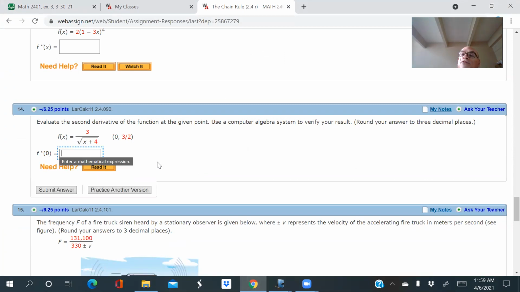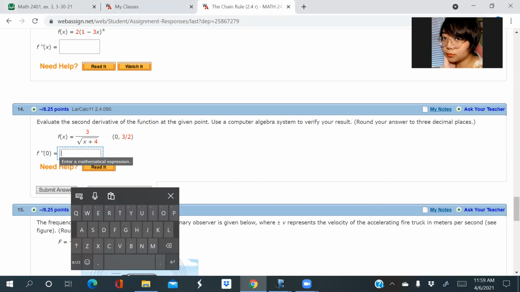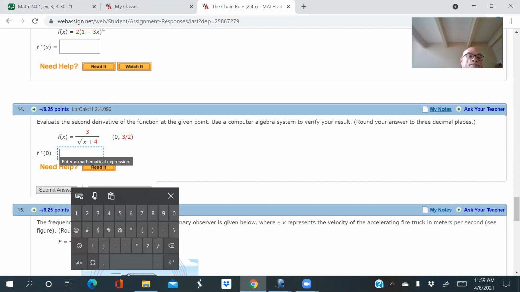Is that what it says? Round your answer to 3 decimal places, right? So let's see if we got that right. Got lucky. 0.070.